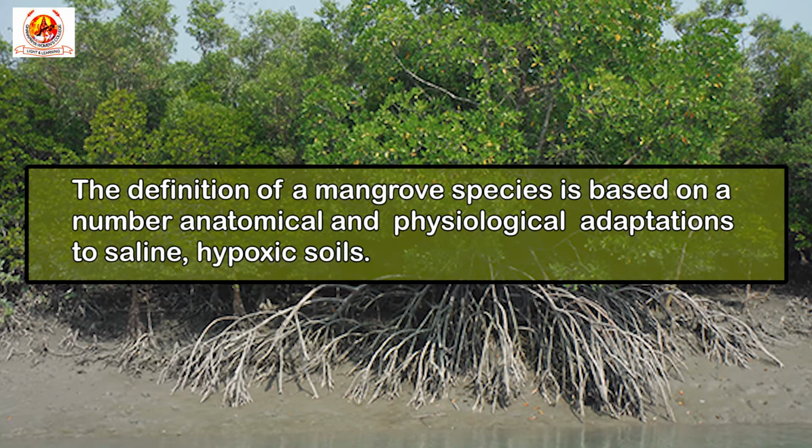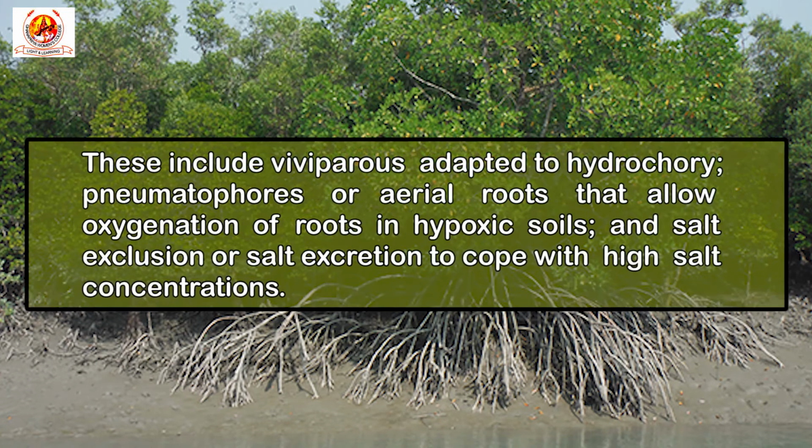The definition of a mangrove species is based on a number of anatomical and physiological adaptations to the saline hypoxic soils. These include vivipary, pneumatophores or aerial roots that allow oxygenation of roots in the hypoxic soils, and salt exclusion or salt excretion to cope with high salt concentrations.